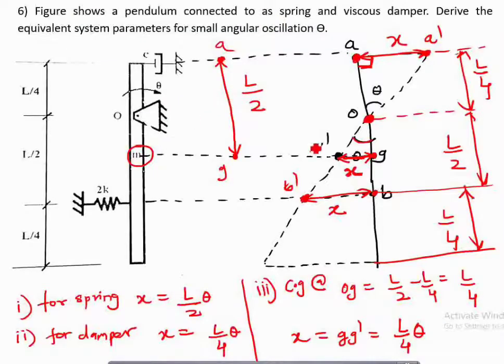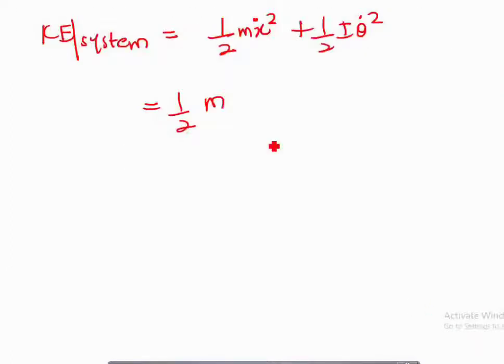What is translating? Your CG, G to G dash, is translating. For the CG you have L by 4 into theta, so you take x CG here. So x dot is nothing but L by 4 into theta dot, bracket square.